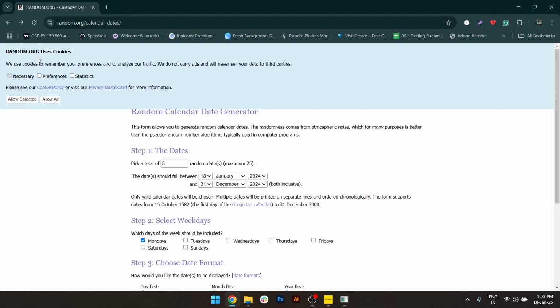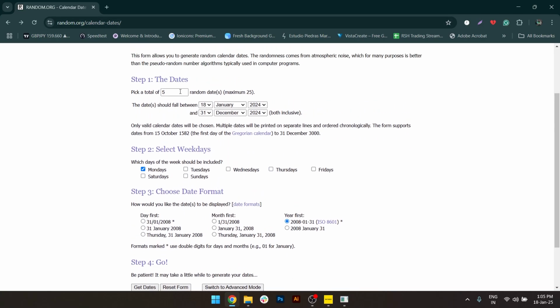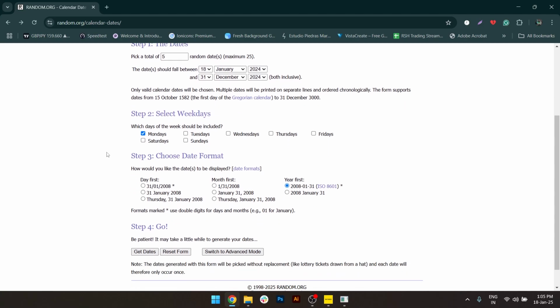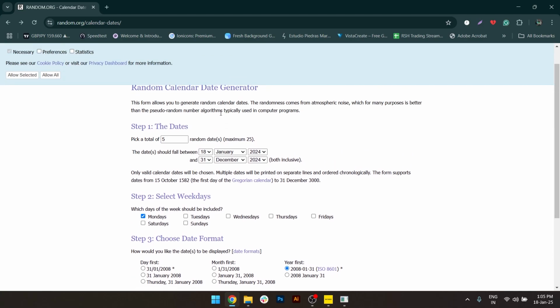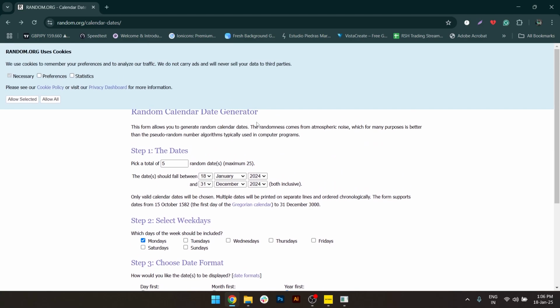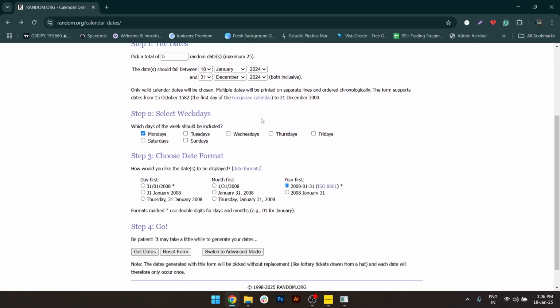So from now onwards, before starting any backtesting session, I'm going to generate random dates based on the last year, and then we will pick one date so that it will bring some transparency to our backtesting.